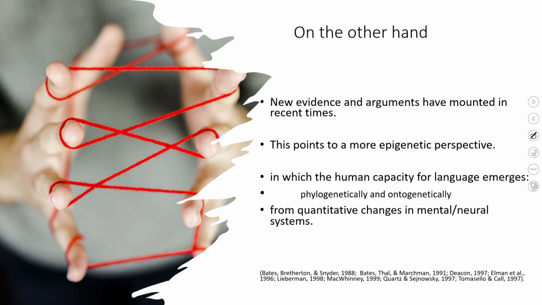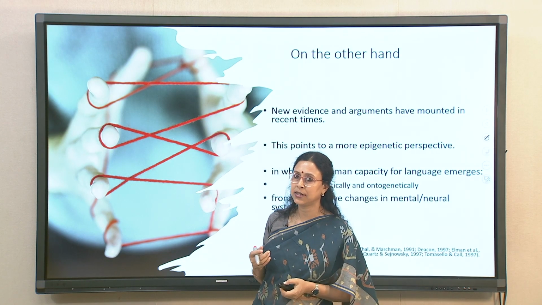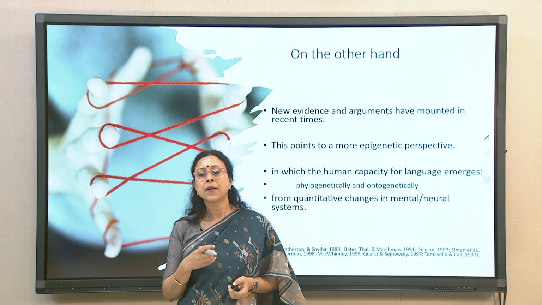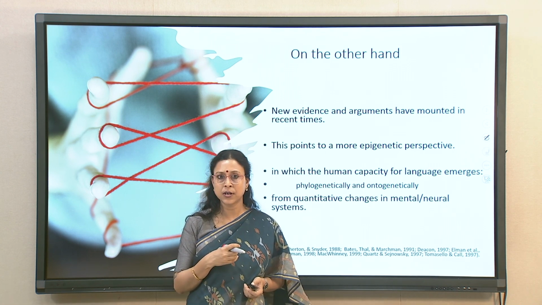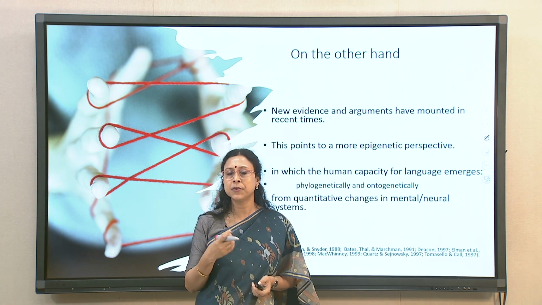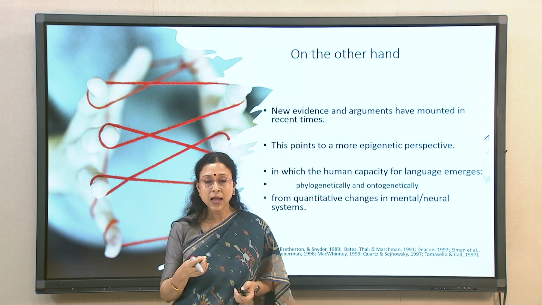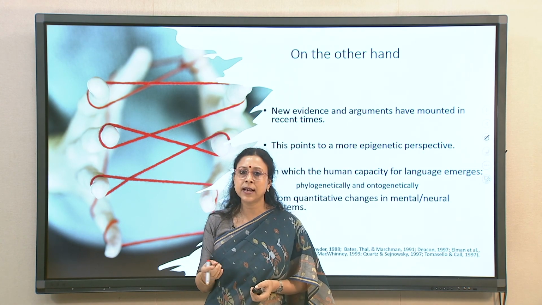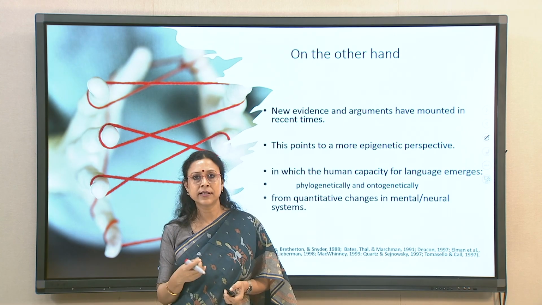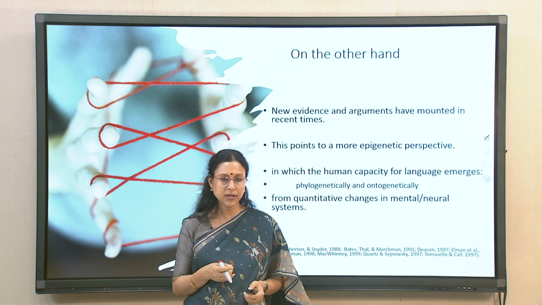So, a more epigenetic perspective has arisen out of all of these findings, in which the human capacity for language emerges both phylogenetically and ontogenetically, basically from quantitative changes in mental and neural systems. So, the way language is processed, understood and acquired depends on more than one brain region, and it is also based on the changes in the mental and the neural system.